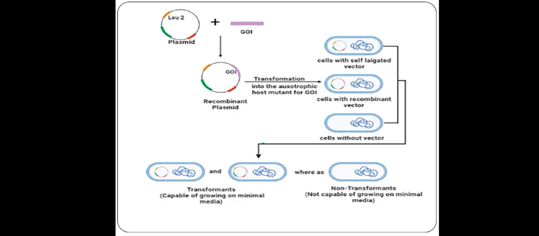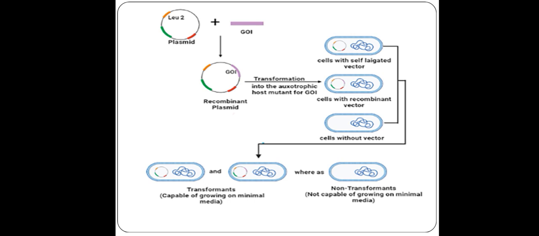You can see the diagram here. This diagram shows the process of creating a recombinant plasmid and introducing it into the host cell through transformation. In the first step, you can see the plasmid and the gene of interest in circular form.